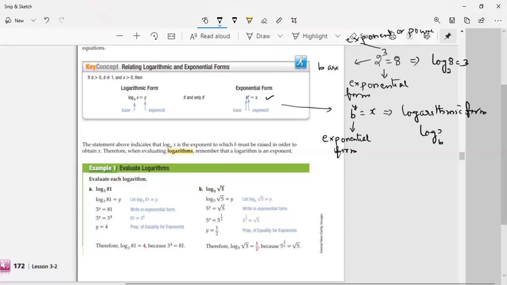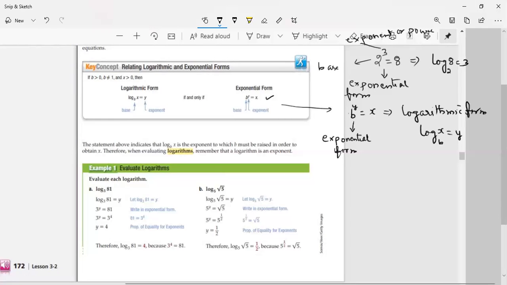Only x will come on the left side and y will come on the right side, so x and y change their positions.